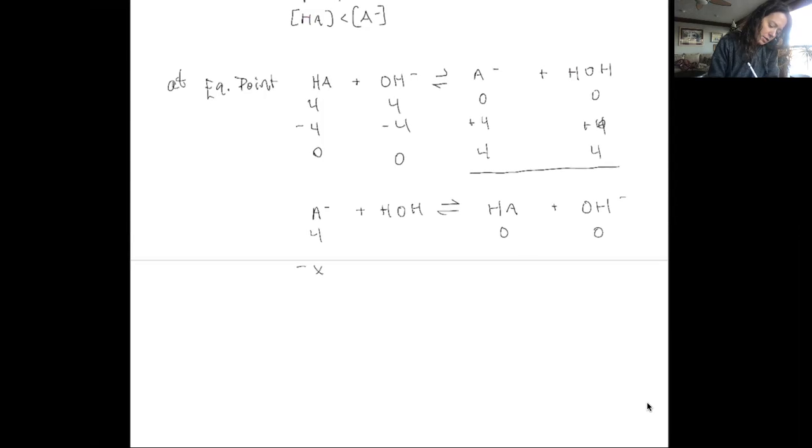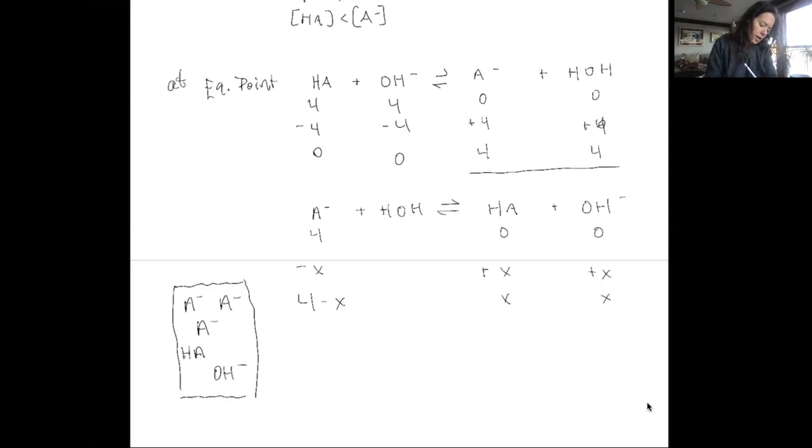We have minus X, plus X, plus X: 4 minus X, X, X. So we see that we would, in fact, have some HA. And because of that, we are slightly basic at the equivalence point.